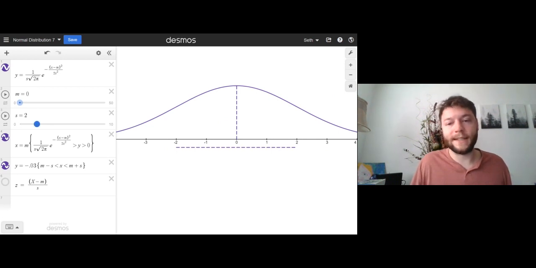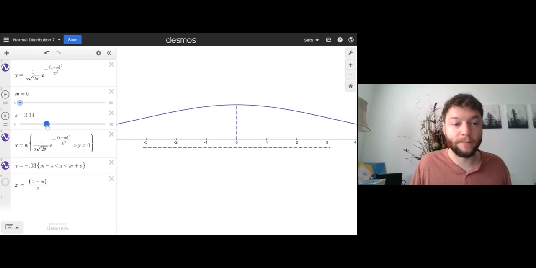Now, because the distribution is now centered on 0, if we multiply or divide every score by some constant, that's just going to change how spread out the scores are. So for example, if we double every value, the negative numbers are going to move off to the left away from 0, and the positive numbers are going to move off to the right away from 0, so it just becomes more spread out.